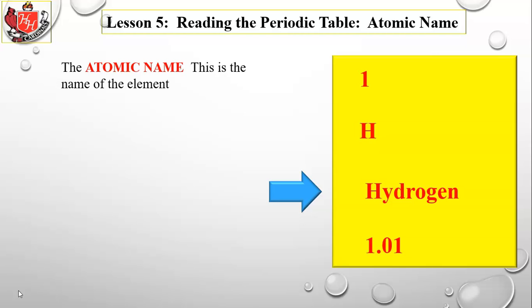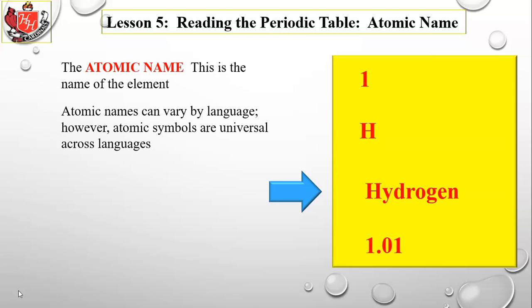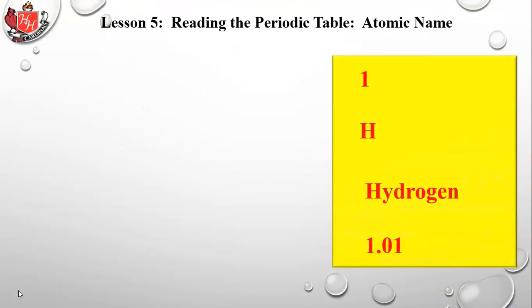This is the name of the element. Atomic names can vary by language. However, atomic symbols are universal across language. So, for example, in German, the word for hydrogen is different. However, German chemists still use H as the abbreviation.